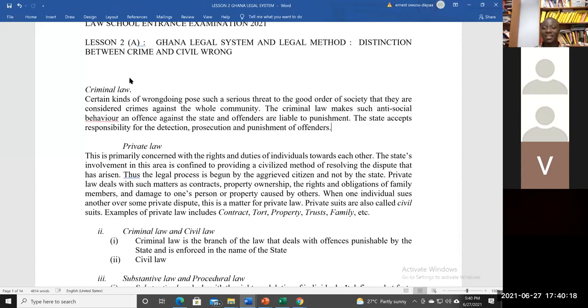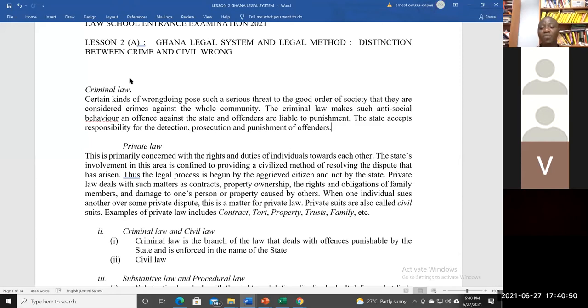If nothing at all, just take a legal system book. You take the E.K. Quansah book, and then you take my book. You can just run your eyes through most of the topical areas, and in addition to whatever notes you had when you were a student in the various law faculties, I think you should be good to go.